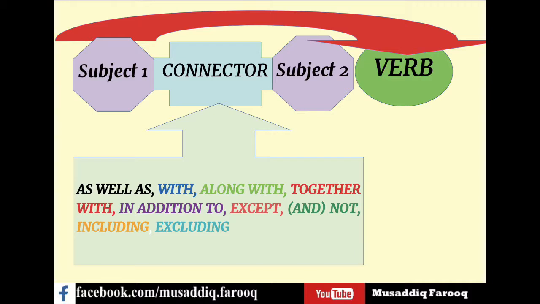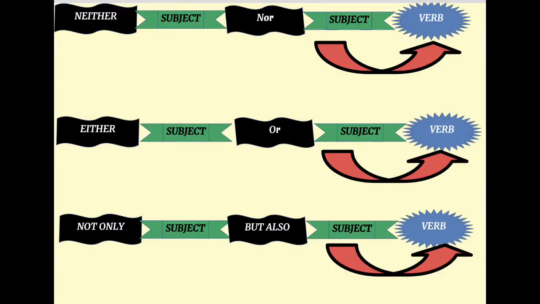The second rule that is going to be applied in the sentences that have been covered by us is this one. If there are subjects that are being connected by any of these connectors, neither nor, either or, not only but also, the verb will agree with the nearest one. Again, it does not matter whether the subjects are 2, 3, 4 or more than 4.